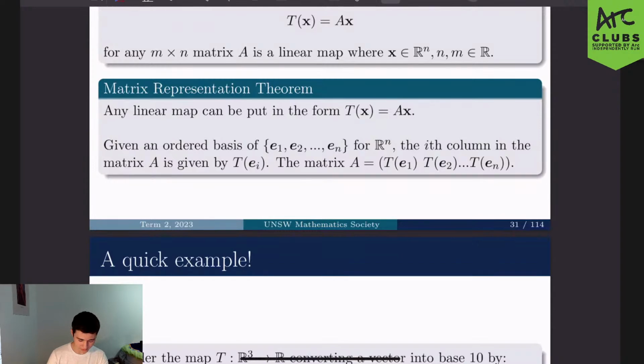So for matrix representations, we can convert any linear transformation into a matrix by considering the transformation of the fundamental basis.